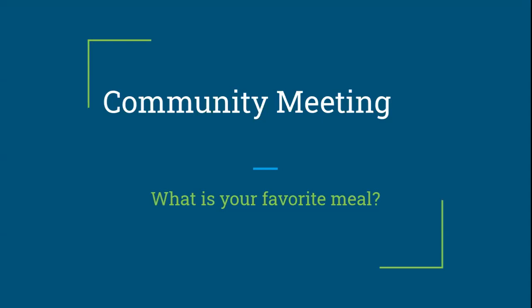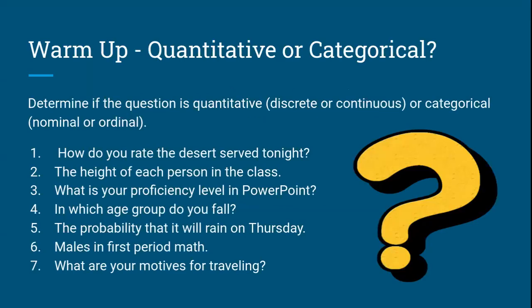All right, so let's talk some math, good people. The warm-up is a continuation of what we started on Tuesday. On Tuesday, we started talking about two types of data. Data is either quantitative, and quantitative has what word in it that we already know mathematically?